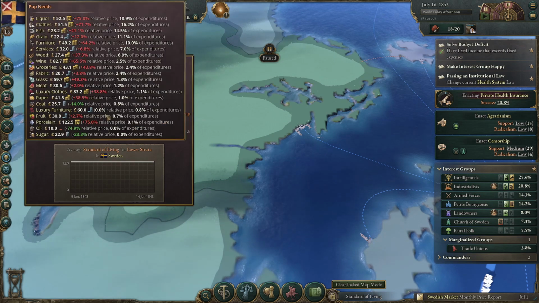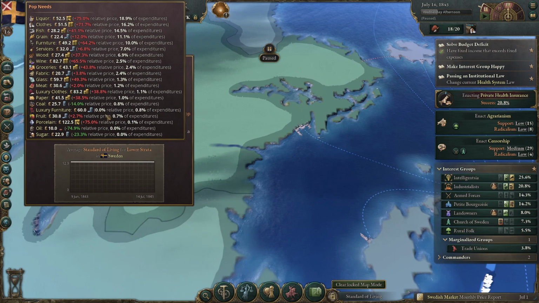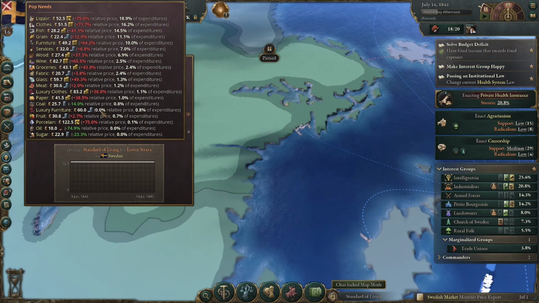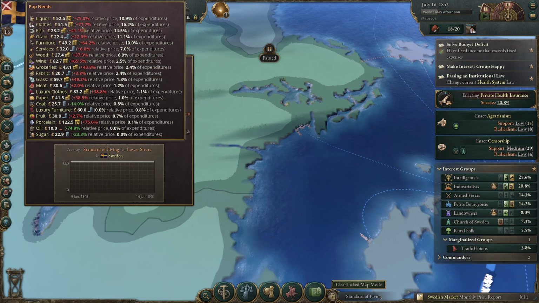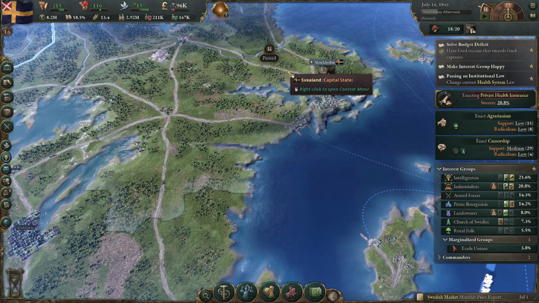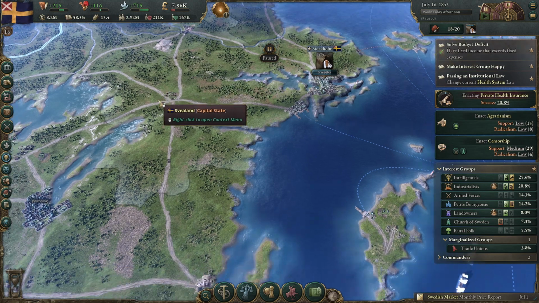And if you come down to here, you get this whole breakdown of the cost of what your population needs. Now, this is the whole population, because I don't think they need luxury furniture. I mean, luxury furniture is relatively expensive, but you can see the key ones here are clothes, grain, furniture, which are all things that are suggested imports.